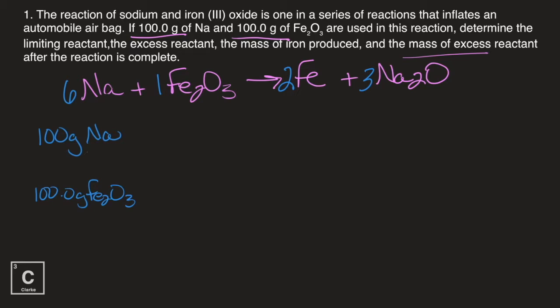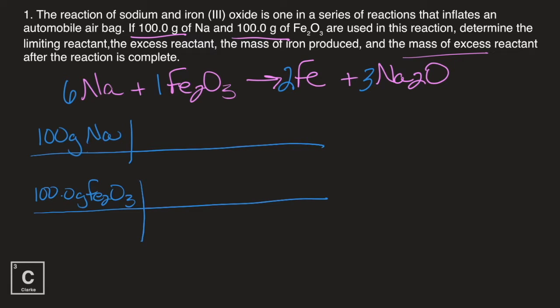But this problem specifically wants to know the mass of iron produced. So this is the product we need to compare everything to so we can compare apples to apples. So we need to convert 100 grams of sodium to grams of iron. And we need to convert 100 grams of iron 3 oxide also to grams of iron so we can see which one is going to run out first.